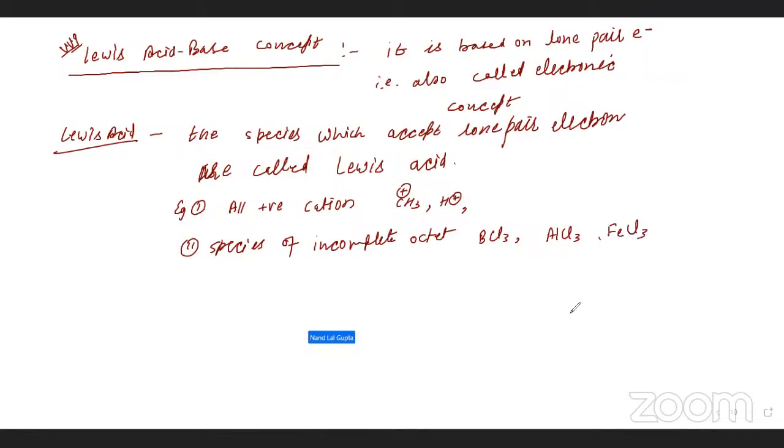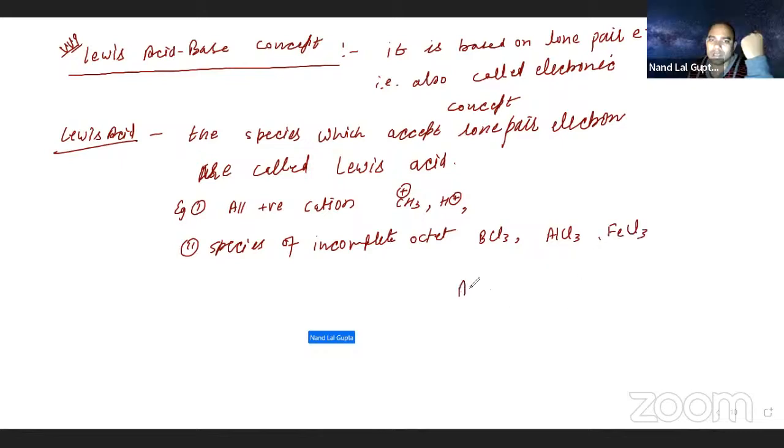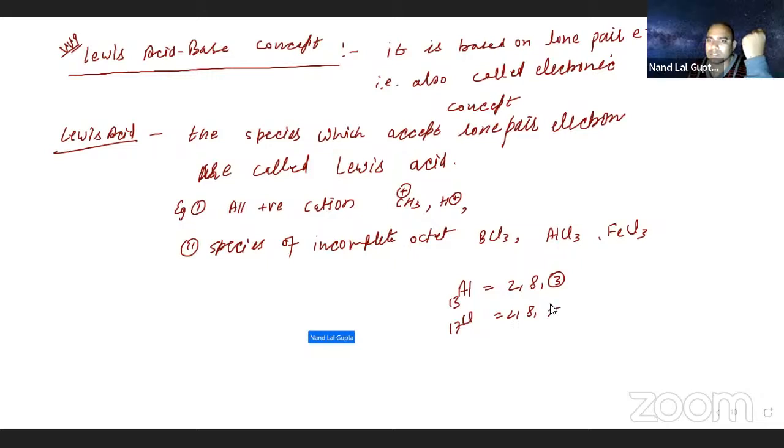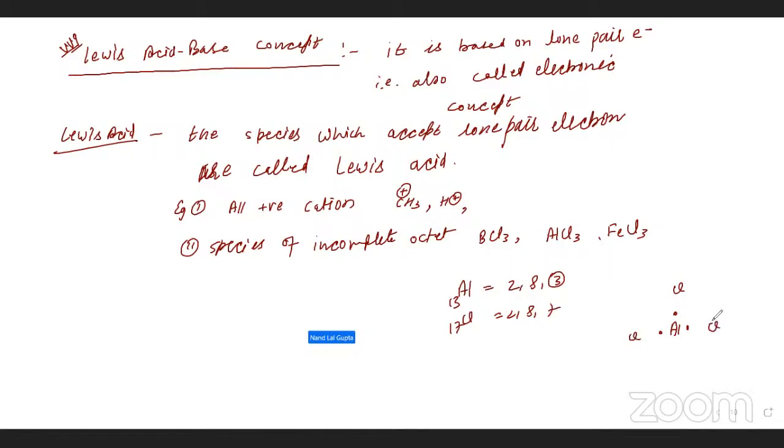If you see Al, it is 13, so 2, 8, 3: three valence electrons. Cl is 17, so 2, 8, 7. Now Al is here with three Cl atoms around it.